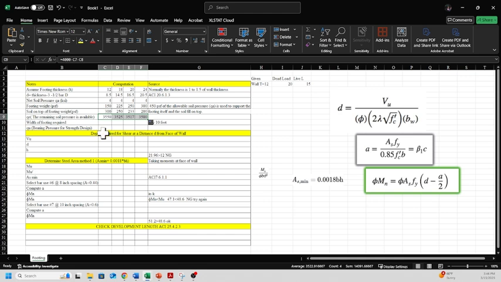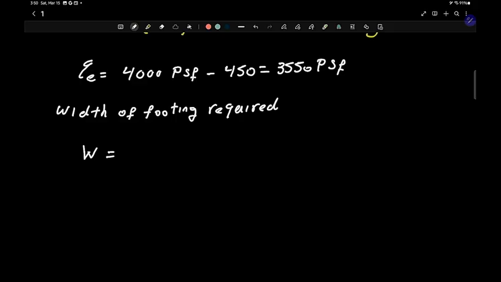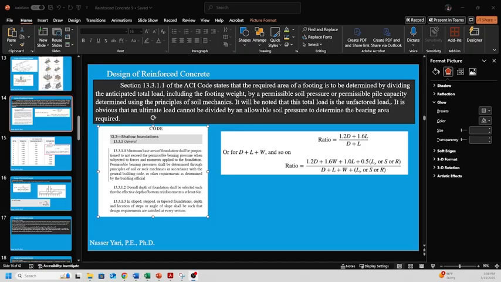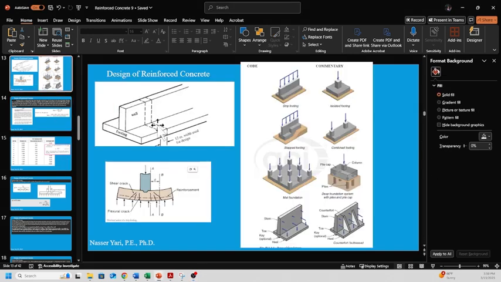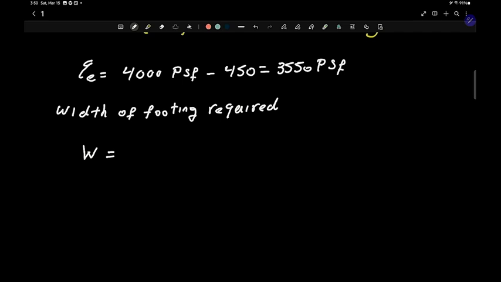Then we're going to go ahead to the width of the footing required. Let's calculate the first one. So to calculate the width of the footing required, remember we're doing a 1 foot strip. Let me go to the PowerPoint for a quick second and come back. This was a good one right there. We're taking a 1 foot strip, and that's what we're designing. And let's go back. And that's going to be dead load, which was 20, plus live load, which was 15 kips.